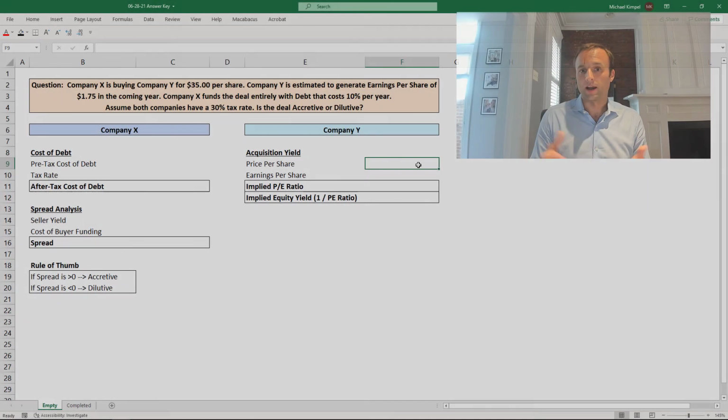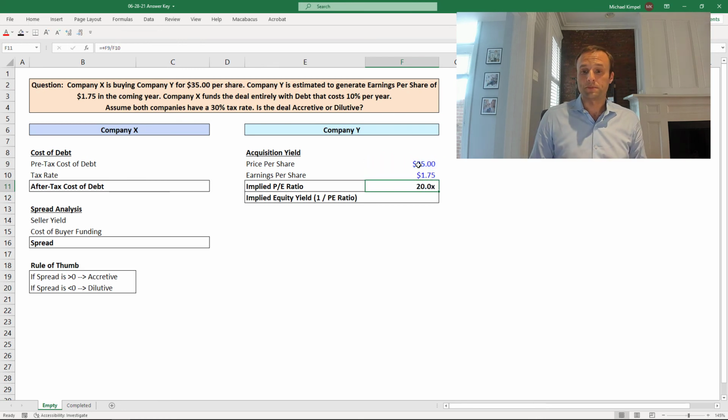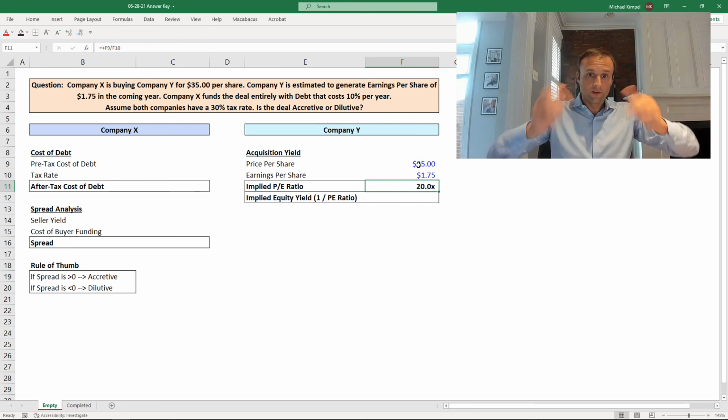Let's start by compiling the data that we have here. So we have data for company Y, so we know that the company trades at $35 a share. We know that they're going to generate earnings per share of $1.75. So from that information, we can see that this company has a 20 times PE ratio. Now we can flip the PE ratio.